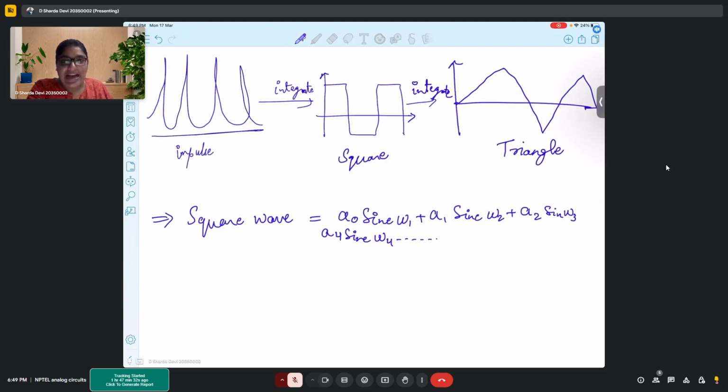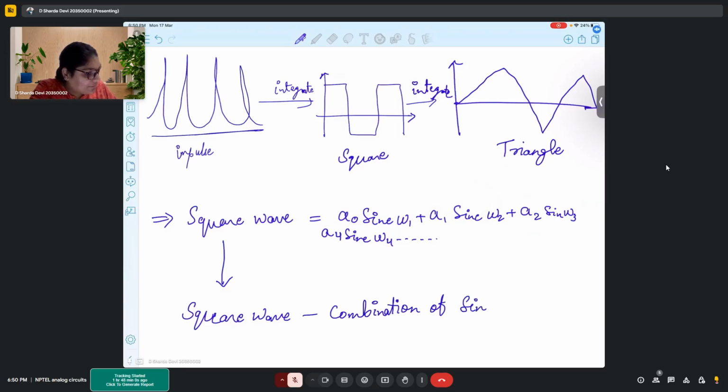So actually the idea is a square wave is nothing but a combination of sine waves. Sine or cosine waves, because there is no difference between sine and cosine wave, so we always call them sine waves, okay?